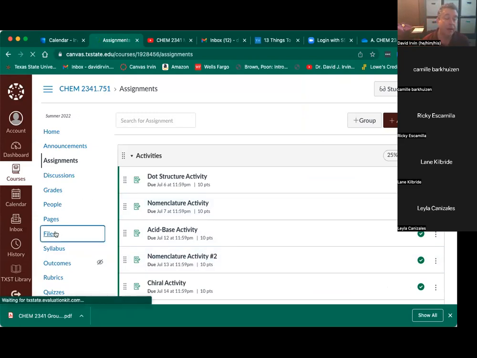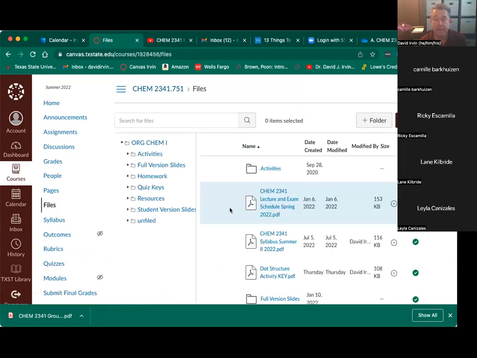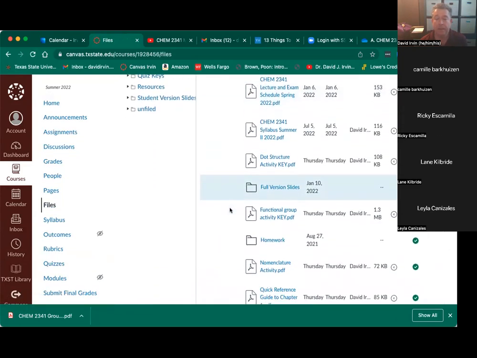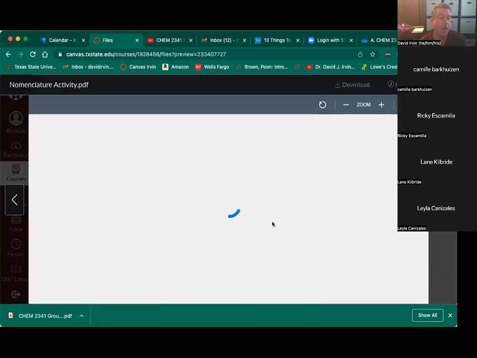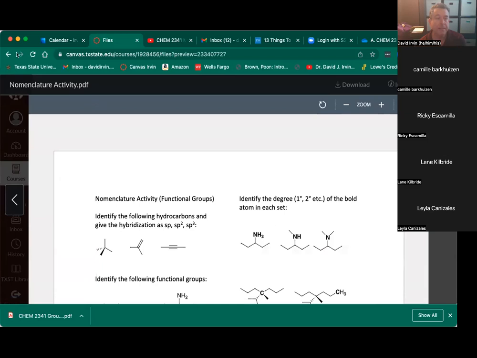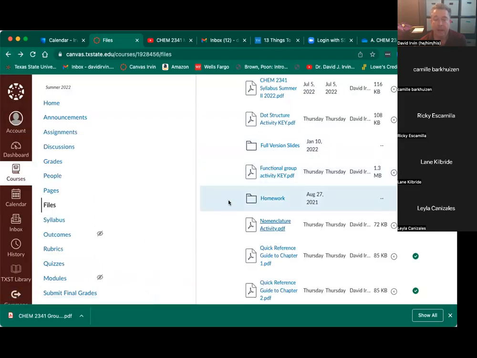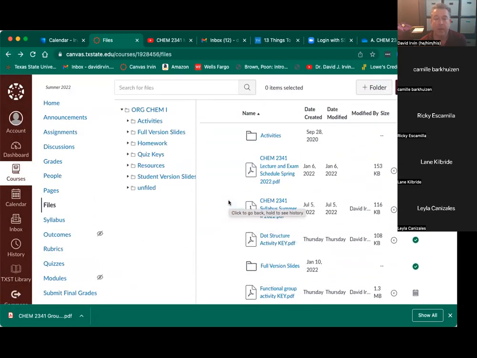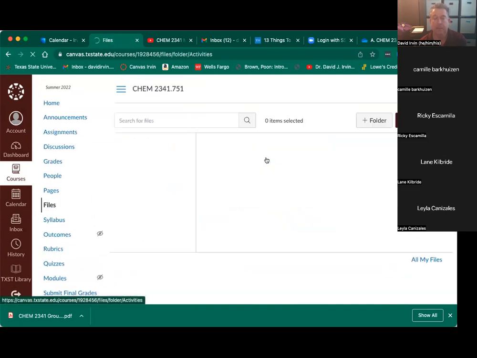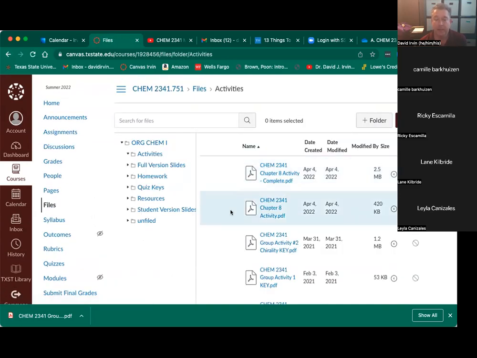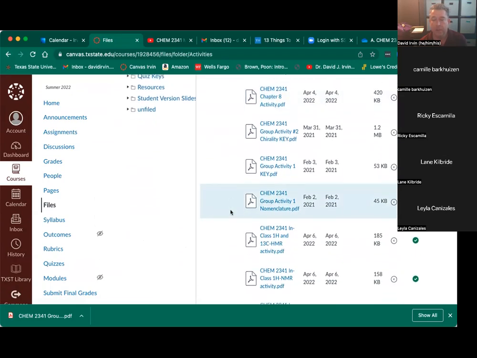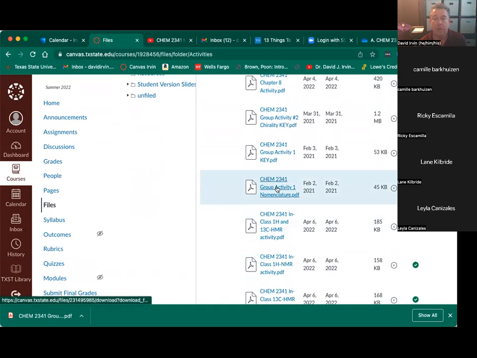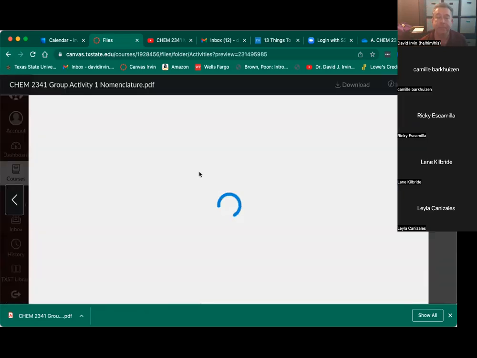But here, if we go to files, going down under nomenclature activity is the other one, the one we did before. There is a second one under activities that is nomenclature activity as well, which you should see as group activity 1 nomenclature. So I'm going to go ahead and pull that up.